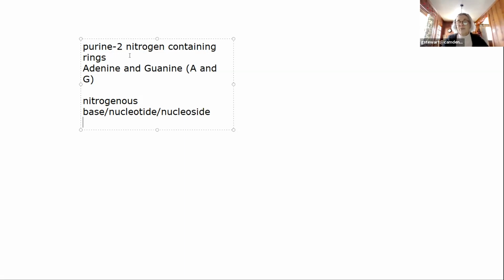So a nucleotide is the nitrogenous base plus sugar, which is the nucleoside, plus phosphate. I don't think I can super subscript when I'm in this weird little whiteboard area.